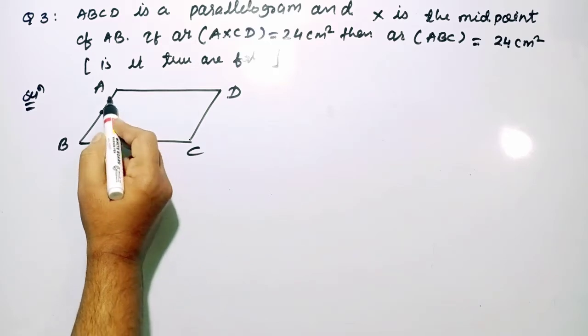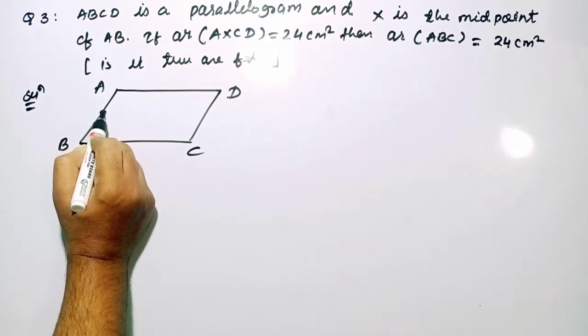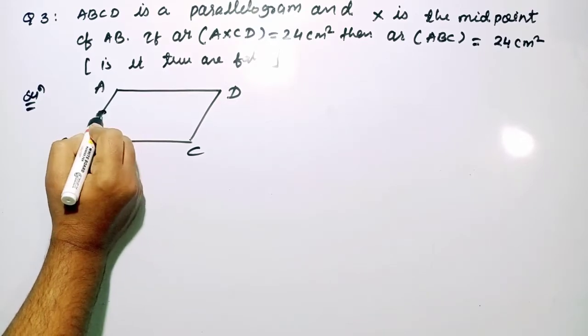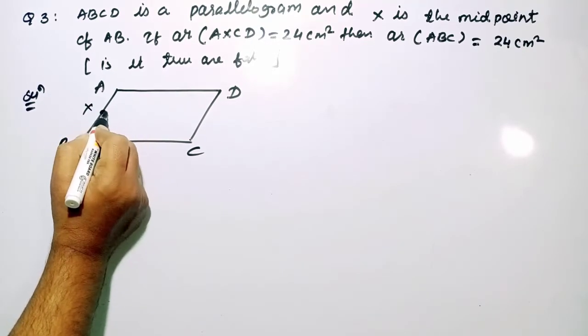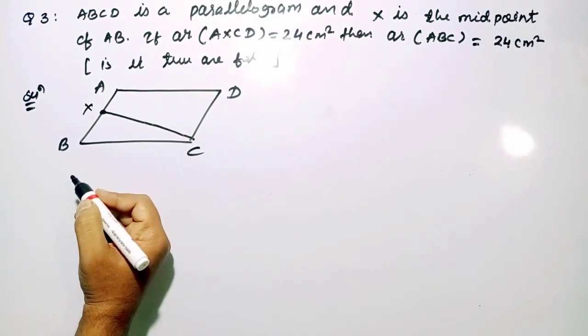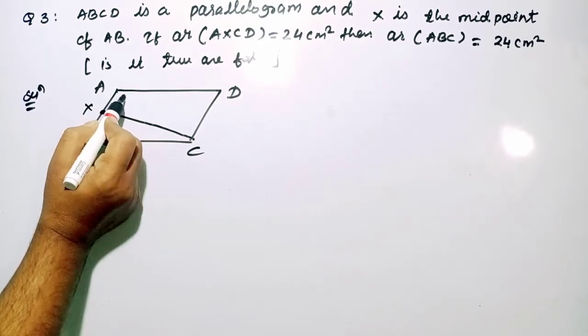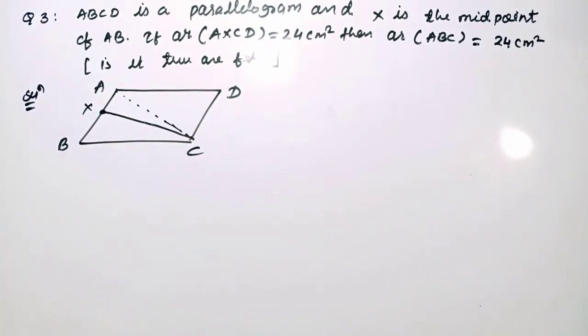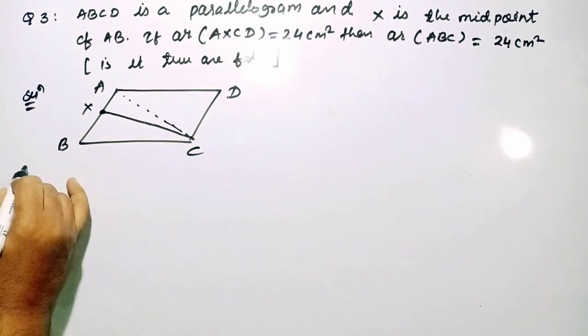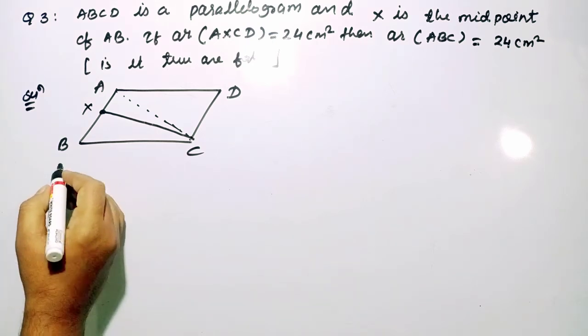Here is side AB, and this is the midpoint X, and this will be joined to C. We know that this is a diagonal of the parallelogram, and the diagonal of a parallelogram divides it into two equal triangles.